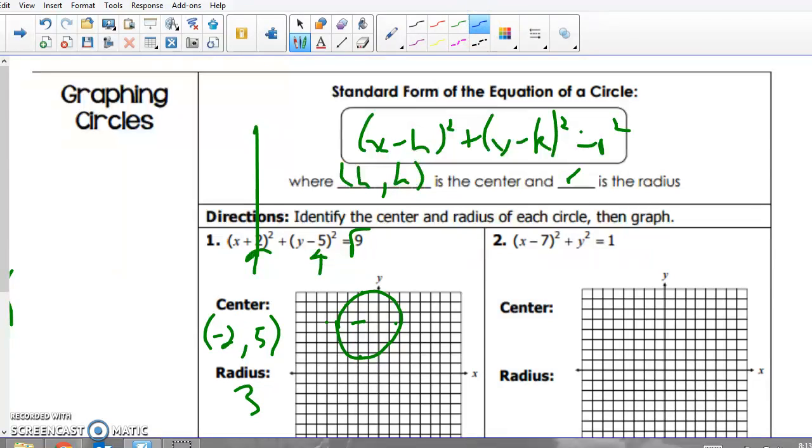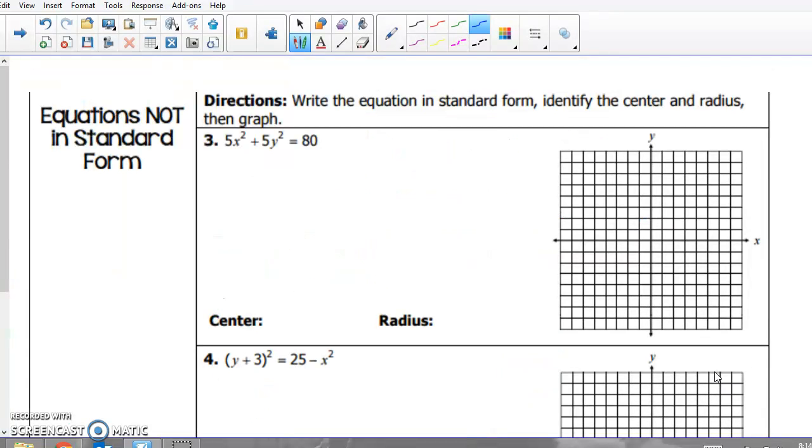So for number 2, you should have gotten your center at 7, comma 0 with a radius of 1. So 7, 0, 1, 2, 3, 4, 5, 6, 7, and then go 1 in all 4 directions around it, 1 unit away, connect the 4, and there's your circle. So when we're asked to write the equation in standard form and then identify the center and radius, in standard form you cannot have any numbers in front of x squared and y squared, so we're going to divide everything here by 5, because whatever I do to one side, I have to do to the other.